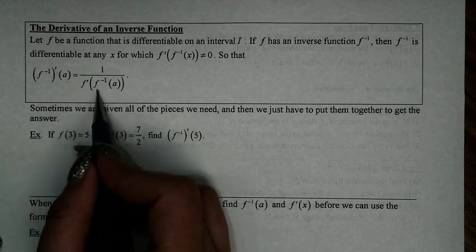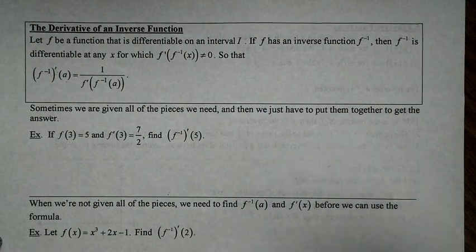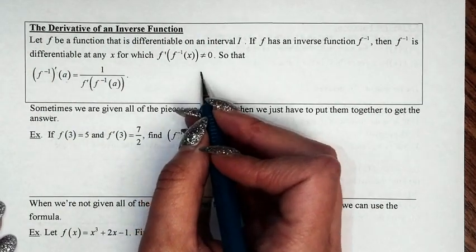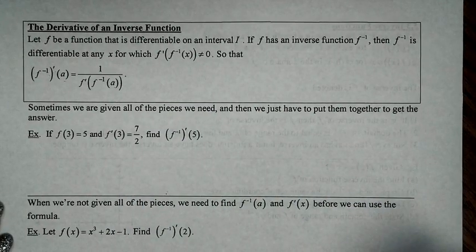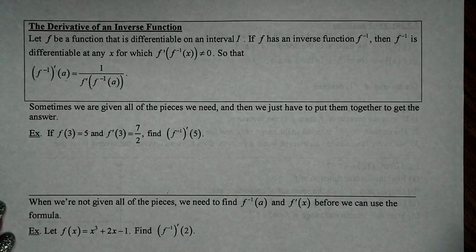Please remember that if this is 0, then this does not exist, therefore the inverse function is not differentiable at that point. So that's why we have this condition. As you can see, sometimes we're given all the pieces we need, and then we just have to put them together to get our answer.